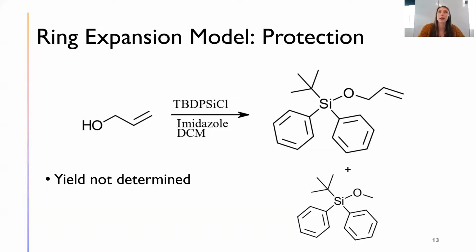We don't spend the time to separate them, just because the next step naturally separates them and makes the molecule that we want much more different than the methanol, and they're very easy to separate after that. So that's why we don't have a yield to report here.